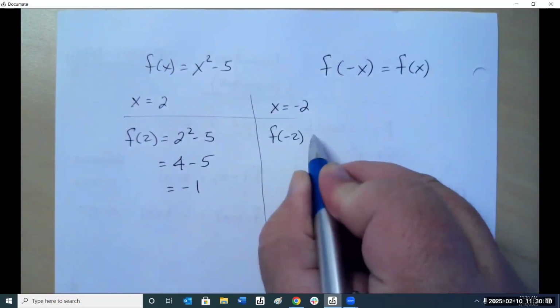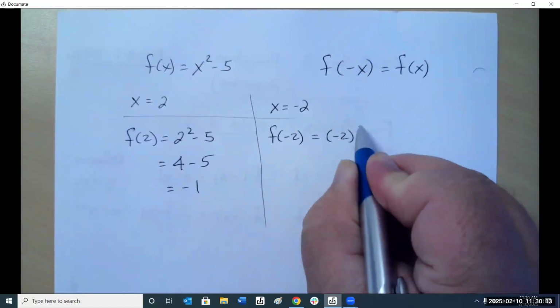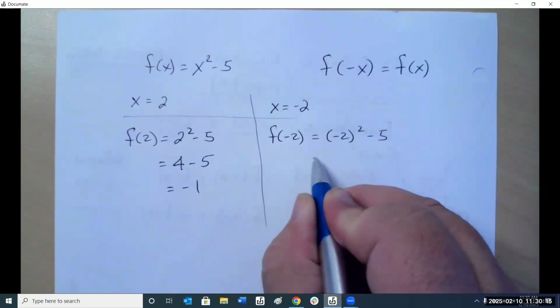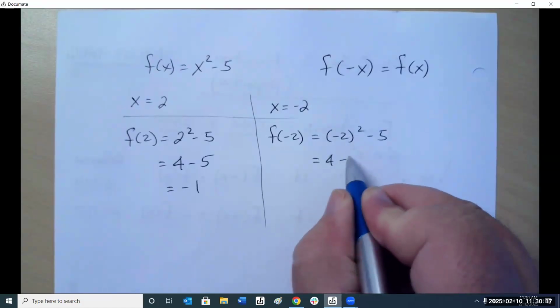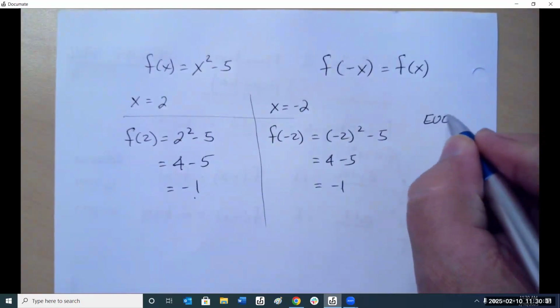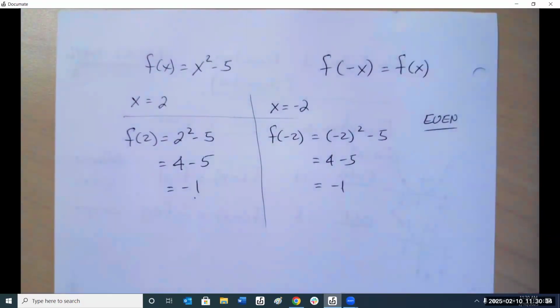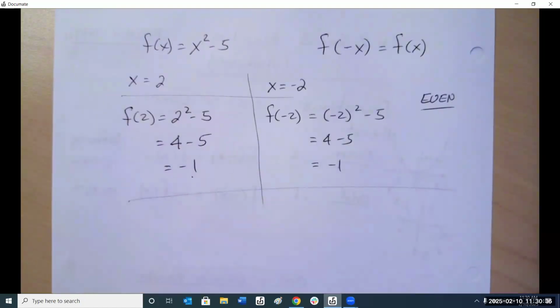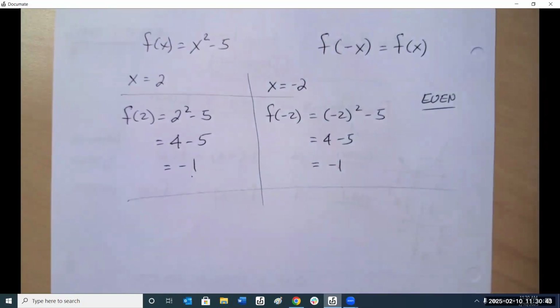And f of -2: -2 squared minus 5. -2 squared is 4, minus 5 is -1. Do we get the same answer from changing the signs? So what does that tell us? It's even. Okay, that's it. Once it satisfies that, then it's okay.